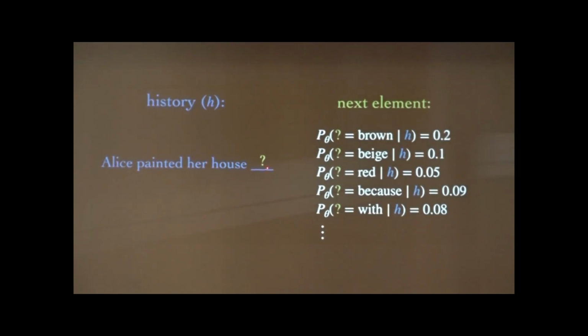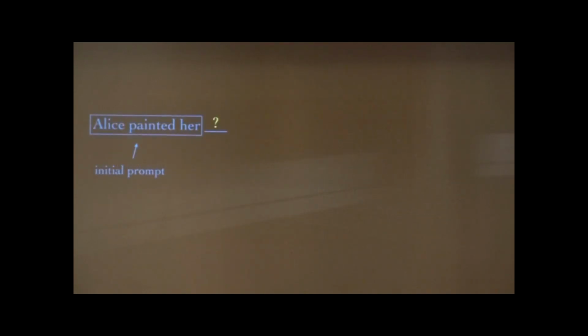The probability of the question mark being red with the history is 0.05. Now you can easily capture: what is the word with the highest probability of being the next element of that sequence? Brown, right? Okay. This is the initial prompt given to the model.